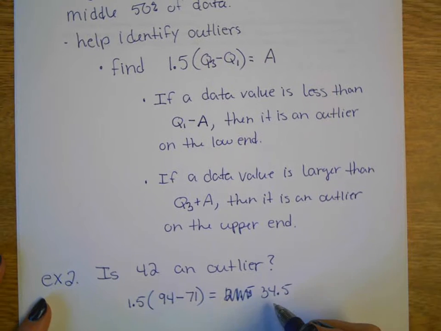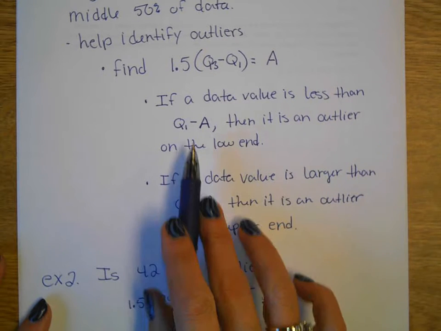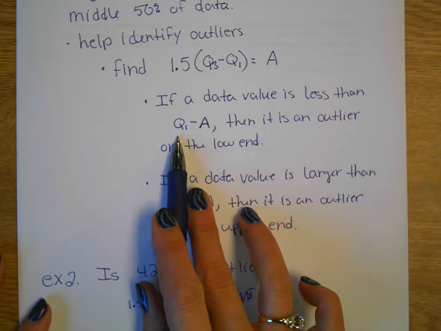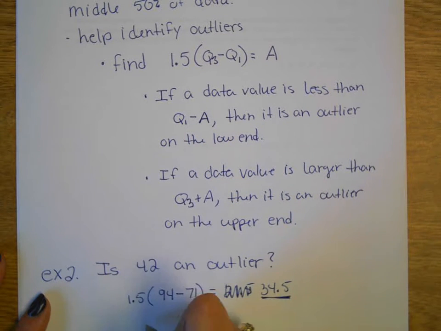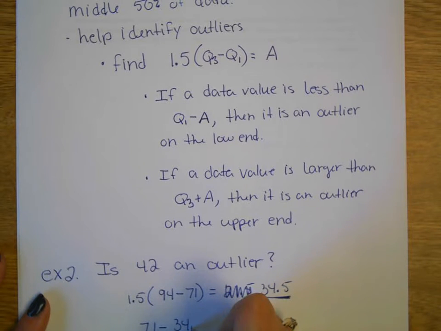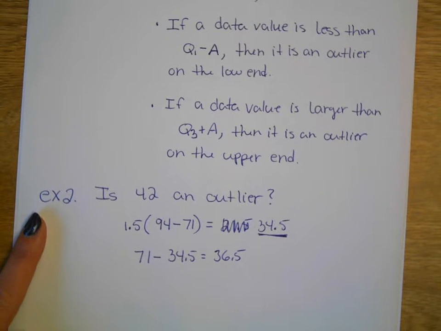What do I do with this 34.5 to check on the 42? I take Q1 and subtract that amount. What was my Q1? 71 minus that 34.5 gives you 36.5. So I would have to be below 36.5 to be an outlier.